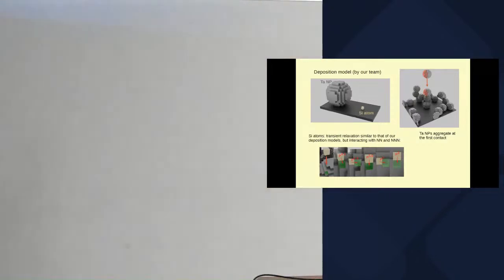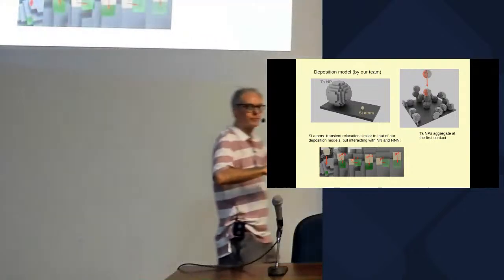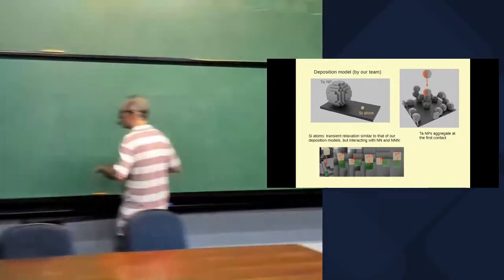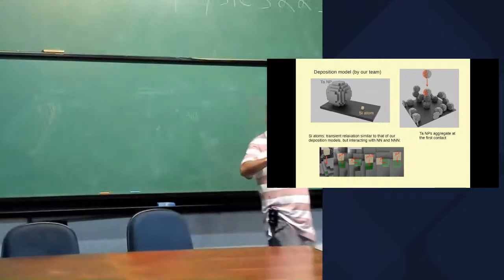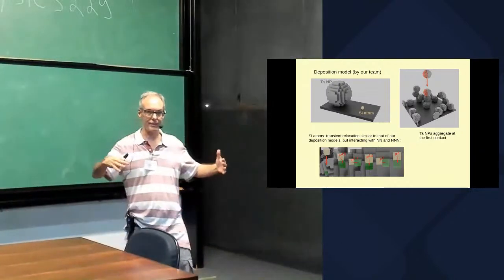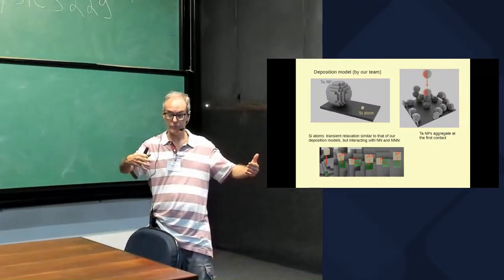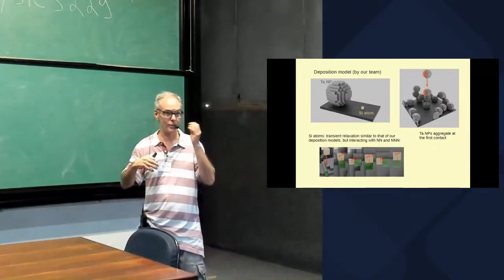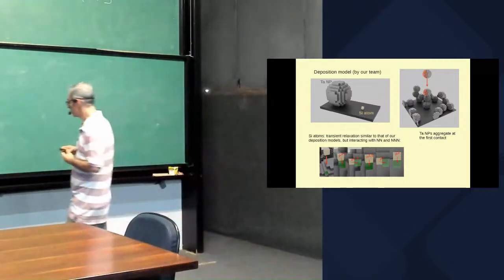Since they reach there with a large energy, there will be a stage of thermalization. During this stage, the atom can move up to a certain distance until it thermalizes to room temperature, because the deposition was performed at room temperature.